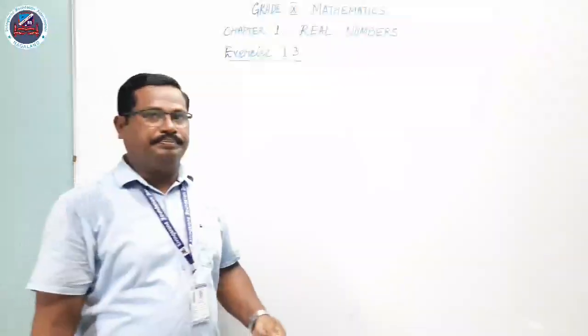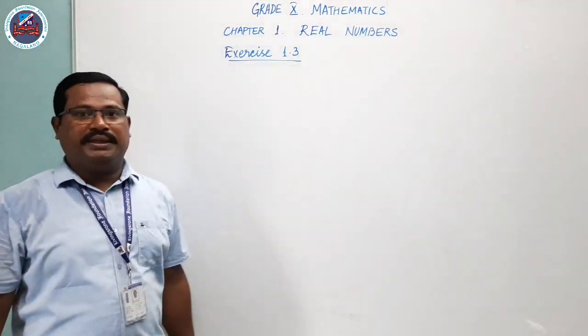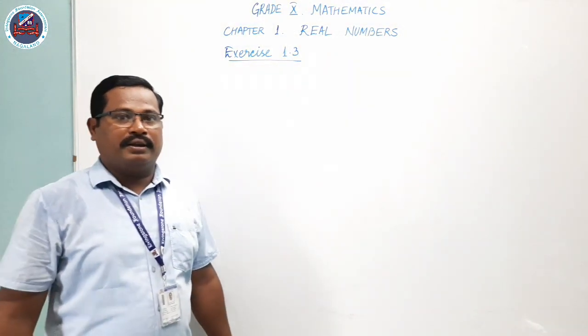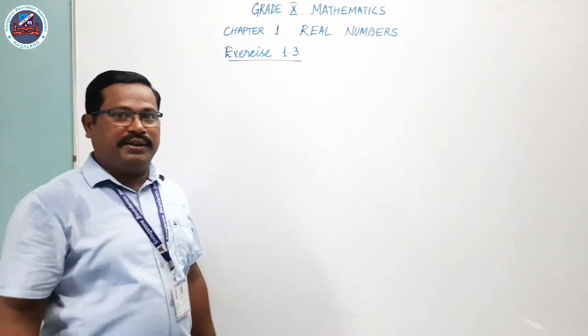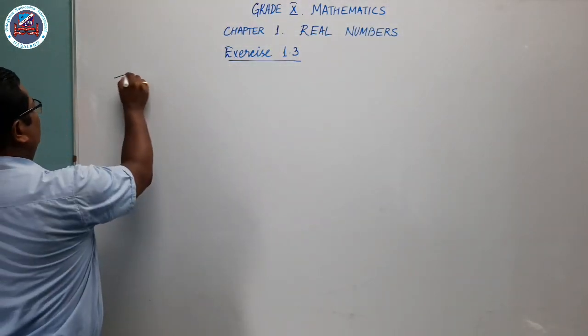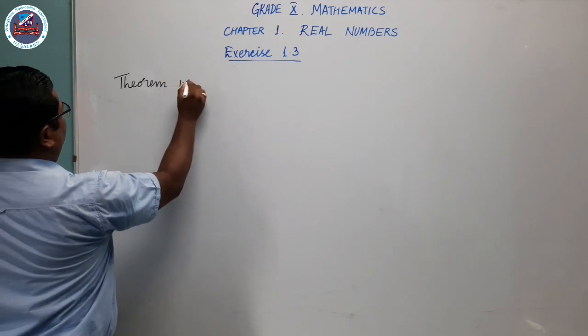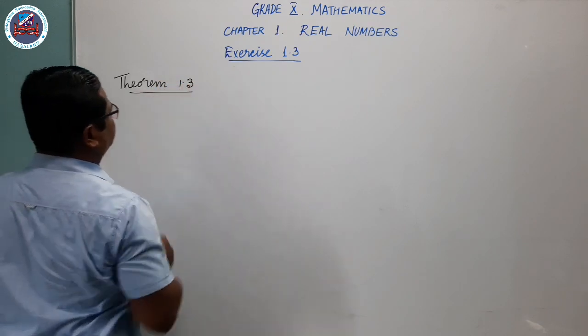Hello and welcome back. Today we'll be revisiting the irrational numbers. To do this, there is one theorem you have to come across, Theorem 1.3, which you can see in your textbook.